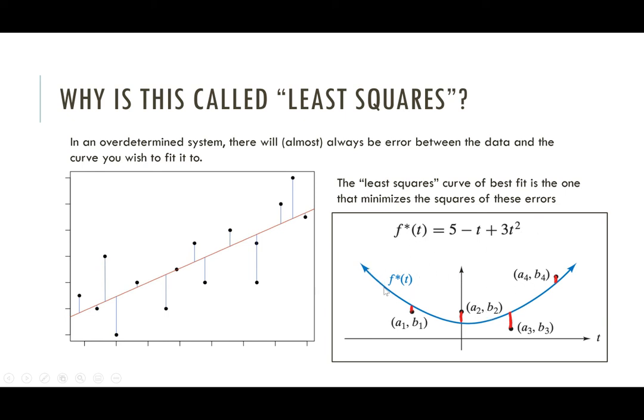The quadratic function that we got is the one that minimized the squares of these vertical distances between the data points and the function values. I just got lazy and drew these in, so sue me. Okay, so that's least squares, because we are squaring up the errors and we want the function that has the least squares of errors.